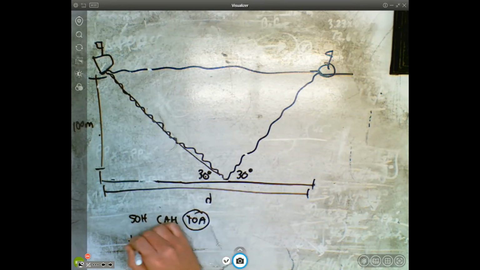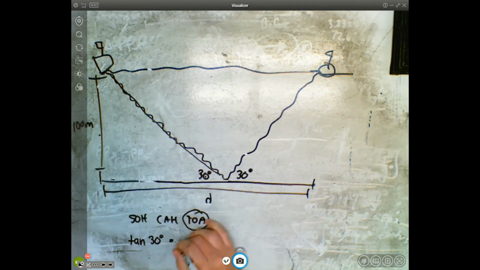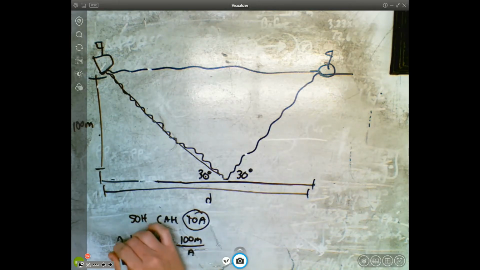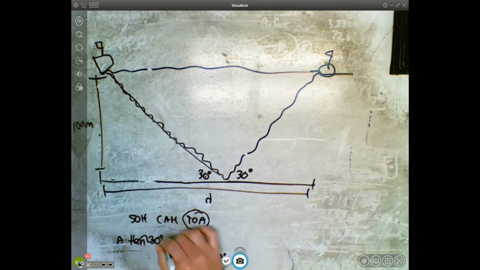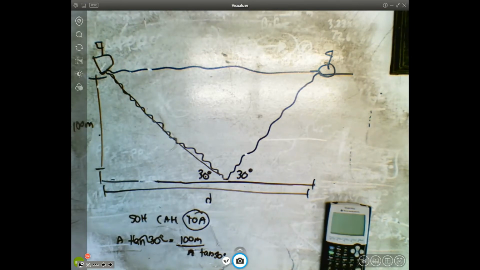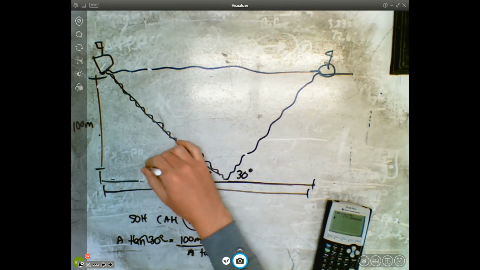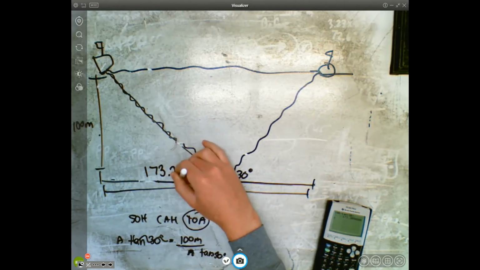So I can just set it up as tan of 30 degrees is equal to opposite over adjacent. Move the adjacent up here, move the tan 30 down below, and I can find out what this distance is here. So 100 divided by tan 30 gives us 173.2 meters.